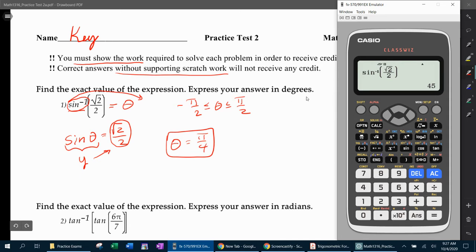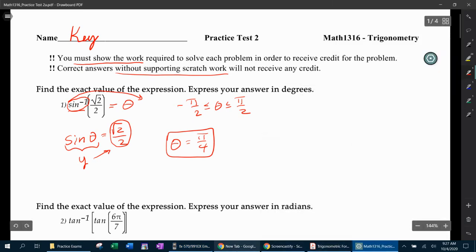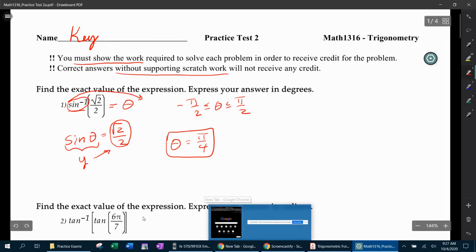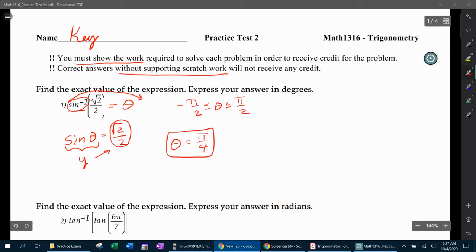It does say express your answer in degrees. And so that's one way to help catch a simple mistake like that, okay? So instead of pi over 4, I really should have put 45 degrees. And so we'll erase that. 45 degrees. Okay, do you see I had the correct answer, but I also have to follow the instructions.